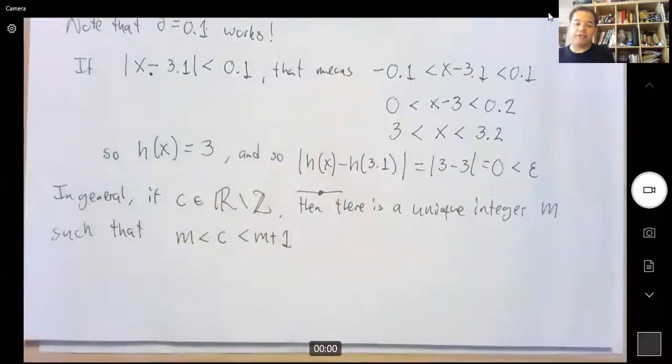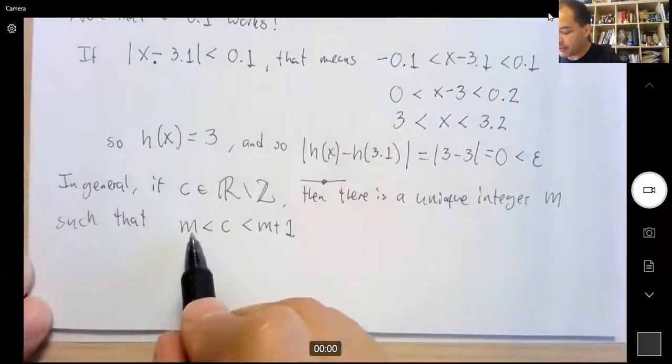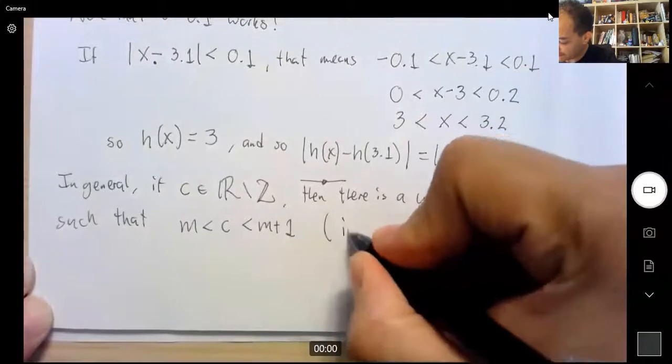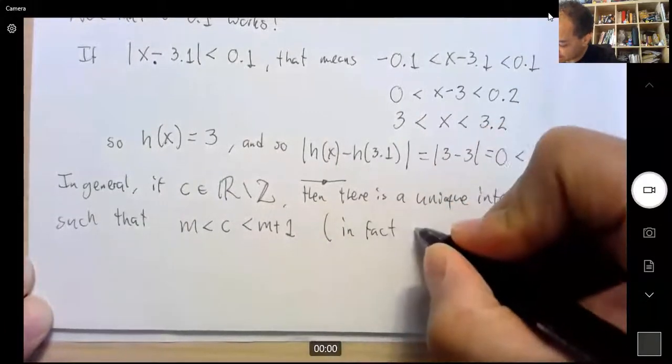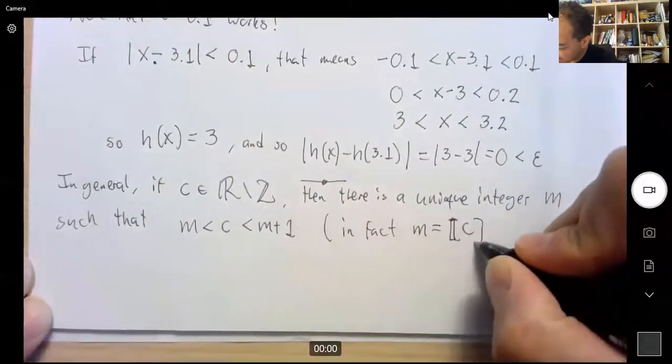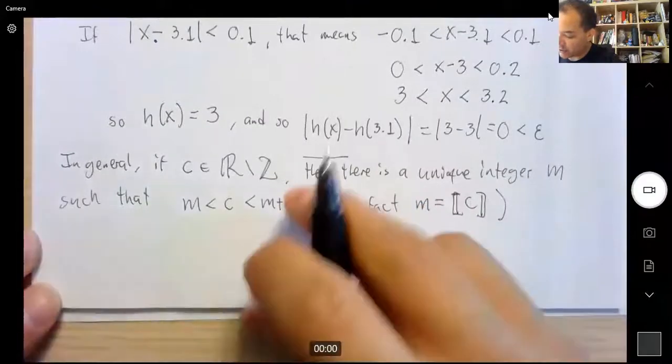Any real number has to be between two integers. And as a matter of fact, this integer m is the floor of c.